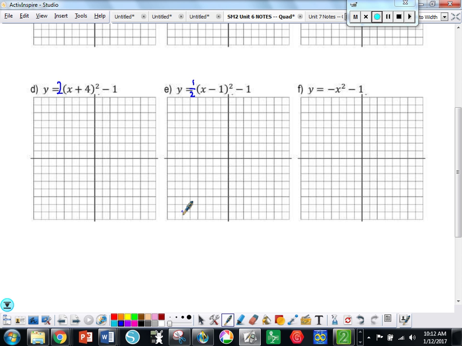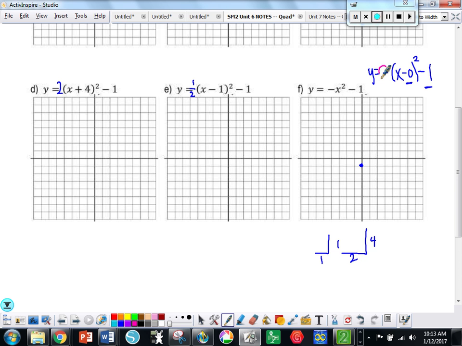Okay, so f, rewriting in vertex form would be y equals negative (x minus 0) squared minus 1. The vertex is where? From here, 0. From here, negative 1. Okay. And does the pattern change? Yes, on this one it does change.